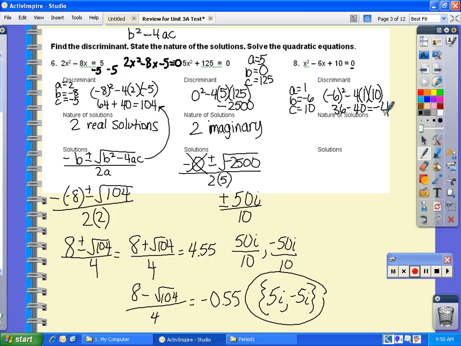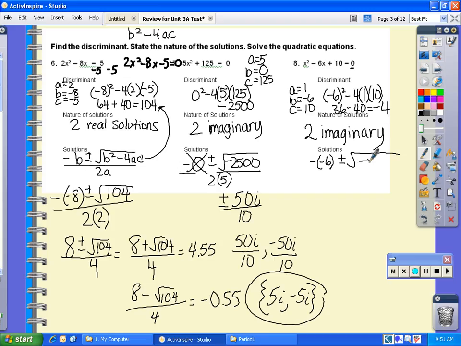Again, since it's negative, just like in number 7, the nature of my solution is two imaginary. Now I'm going to use that quadratic formula right here to plug in and evaluate the entire thing. So the quadratic formula is negative b plus or minus the square root of, well, we already did b squared minus 4ac, so we actually don't need to evaluate that.